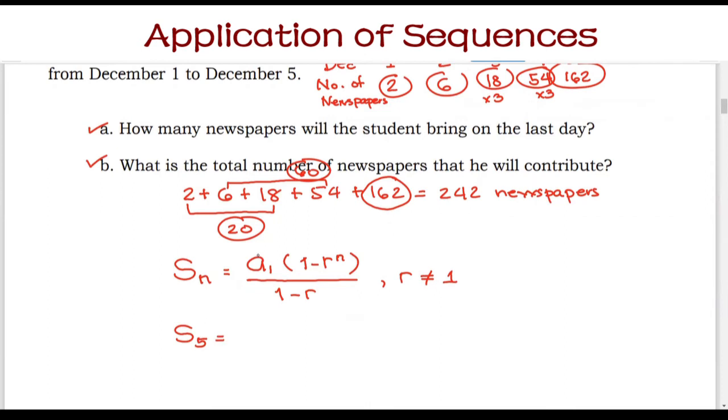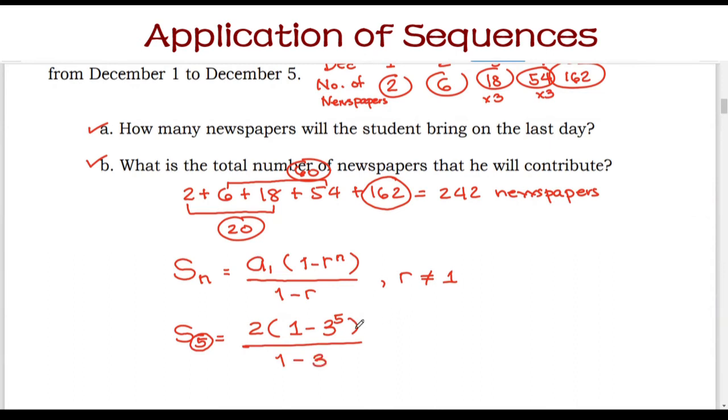What is a sub 1? 2. And then we have 1 minus, ano yung r? 3. Raised to, ano yung n? 5. Ito yung n. All over 1 minus 3.